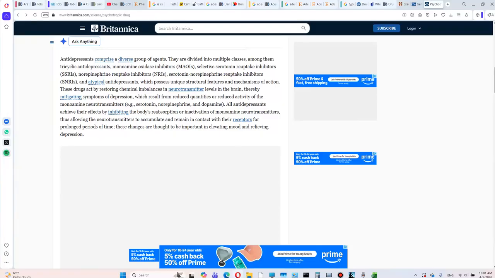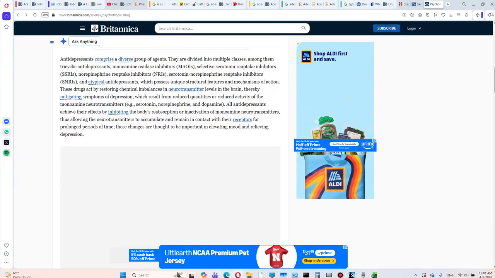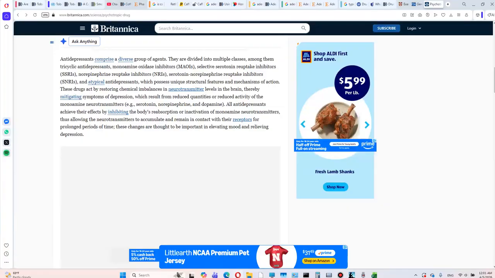Among them: tricyclic antidepressants, monoamine oxidase inhibitors (MAOIs), selective serotonin reuptake inhibitors (SSRIs), norepinephrine reuptake inhibitors (NRIs), serotonin-norepinephrine reuptake inhibitors (SNRIs), and atypical antidepressants, which possess unique structural features and mechanisms of action.